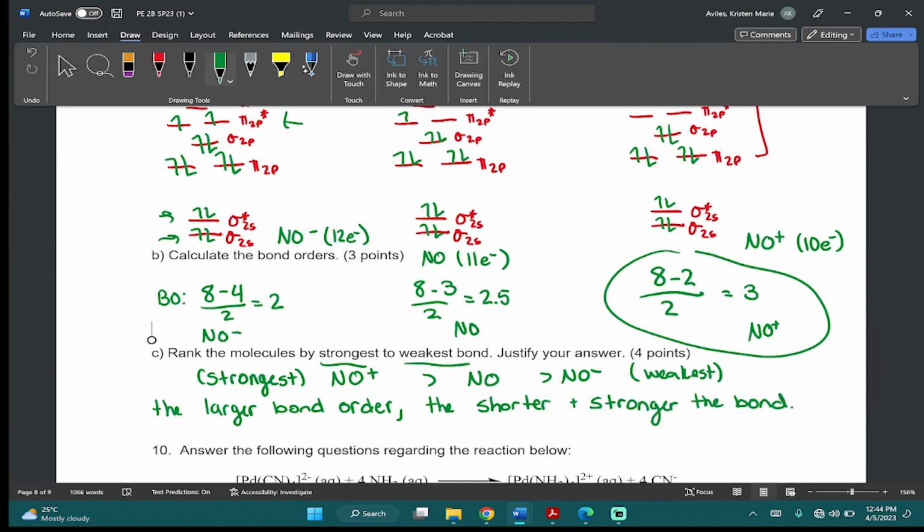So would there be SP mixing if it was like CNN? Yes. So other than N2, C2, or molecules of the same element, I would say most heteronuclears are going to have large 2s2p mixing.